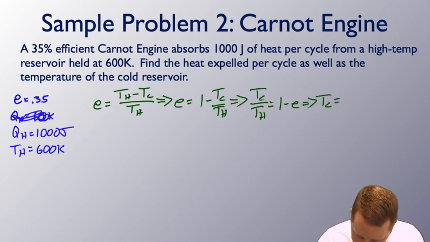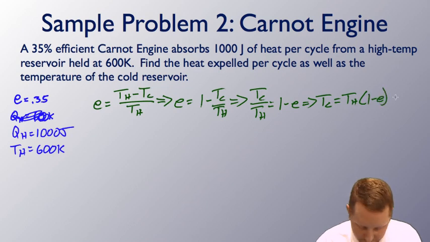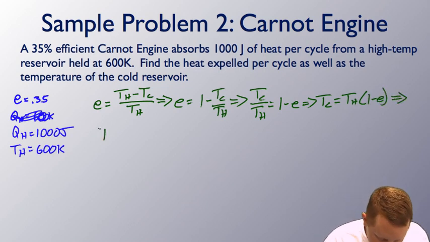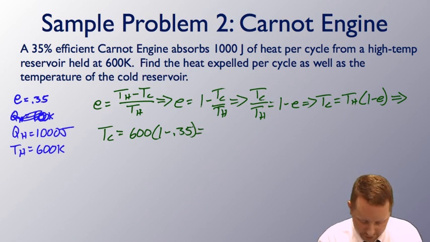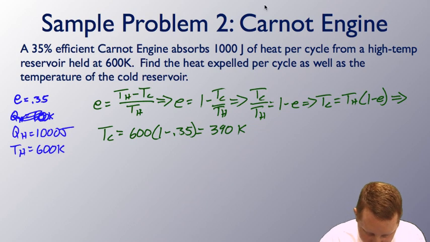Or Tc is equal to Th times 1 minus the efficiency. So substituting in our values, Tc is equal to 600 K times 1 minus 0.35, which is going to give us a cold temperature of about 390 K.